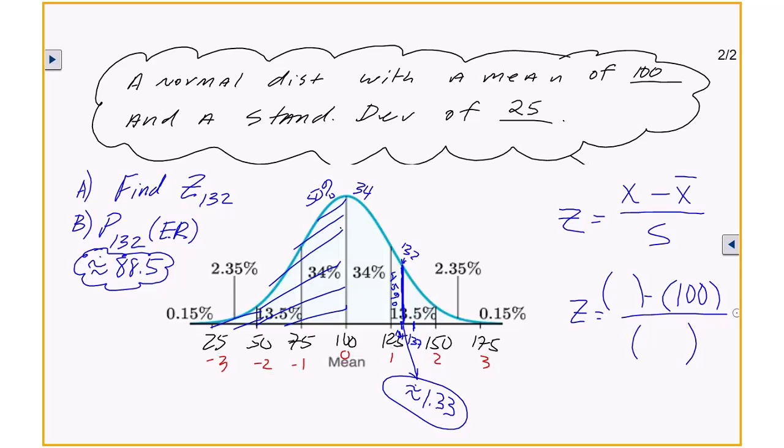Mr. Ramsey, what's S, since you're the only person that's going to talk to me? What's S? 25. Thank you. It's real hard, isn't it, to talk? Okay, so anybody in the class want to tell me what's the only number left? What's the only number left? 132.